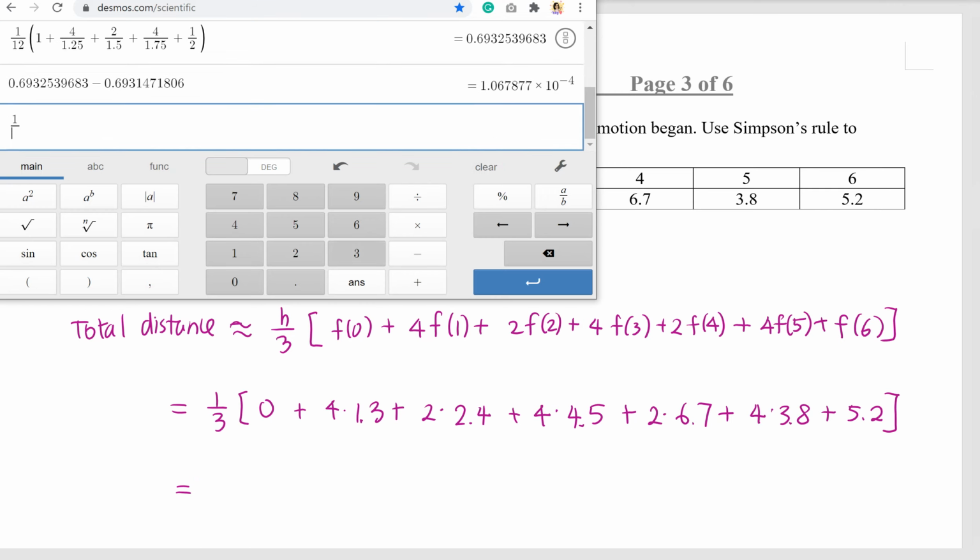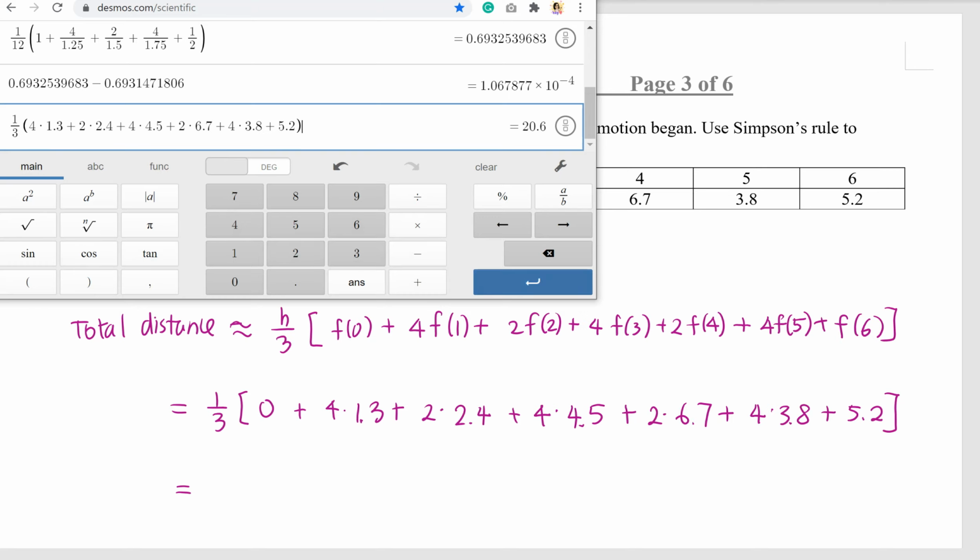Here we have 1 over 3 times 0, plus 4 times 1.3, plus 2 times 2.4, plus 4 times 4.5, plus 2 times 6.7, plus 4 times 3.8, plus 5.2.